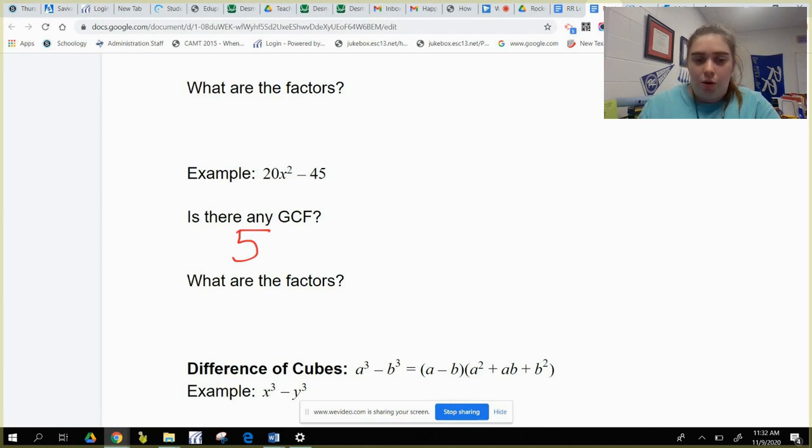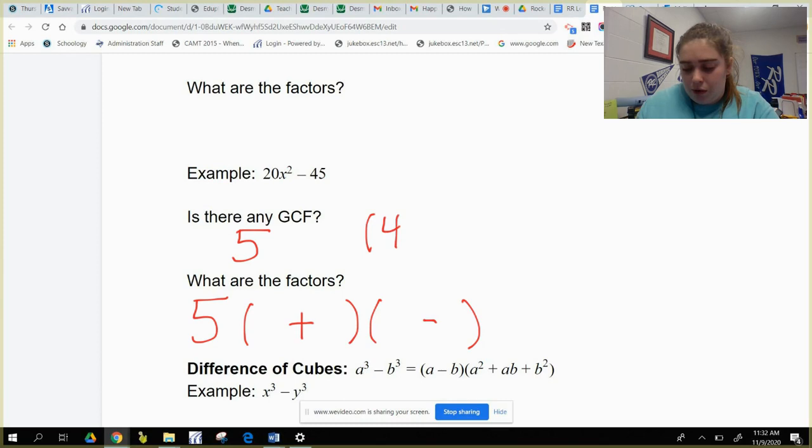All right, so we're going to write that first, just like we did yesterday. We have that 5 in front. Then we're going to write our two factors since this is a difference of squares. This one's going to have the plus and this one's going to have the minus. After we've taken that 5 out, it's 4x squared minus 9.